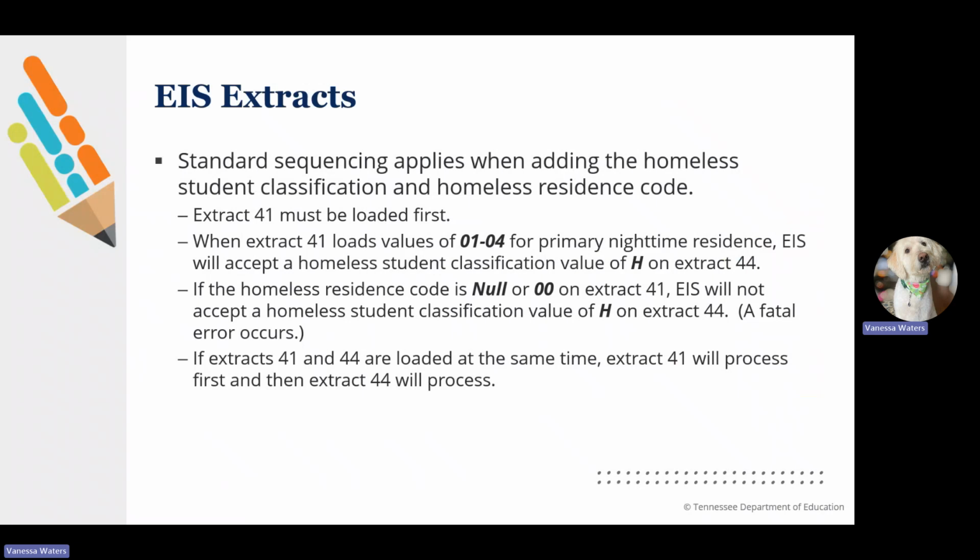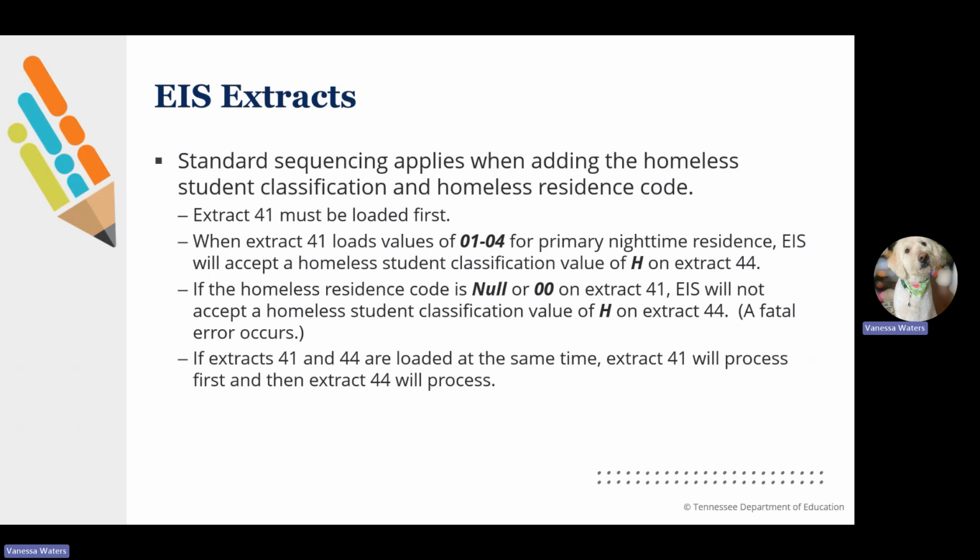A standard sequencing applies when adding the homeless student classification and homeless residence code. Extract 41 must be loaded first. When extract 41 loads values of 01 through 04 for primary nighttime residence, EIS will accept a homeless student classification value of H on extract 44.